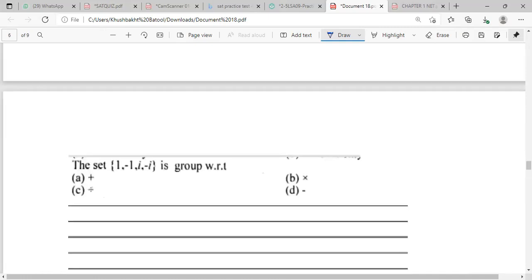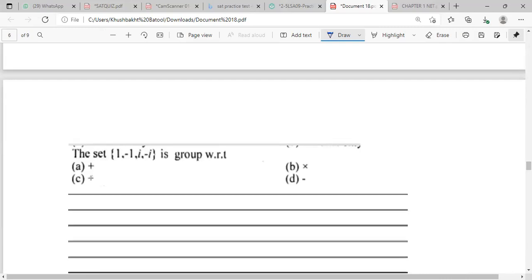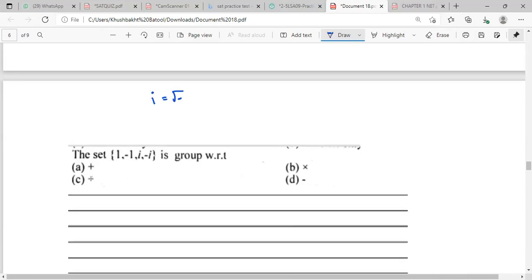We know that iota is under root minus 1. So iota into iota would be minus 1. So this is what complex numbers are, right? The set of 1, minus 1, iota, minus iota is grouped with respect to... now in this case, what is the first property?